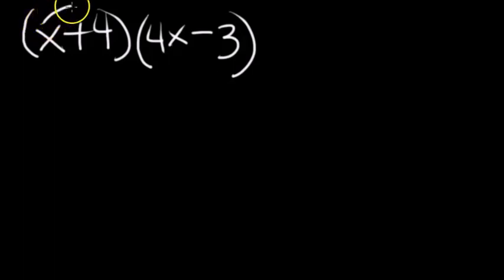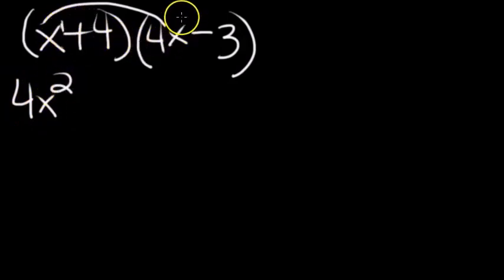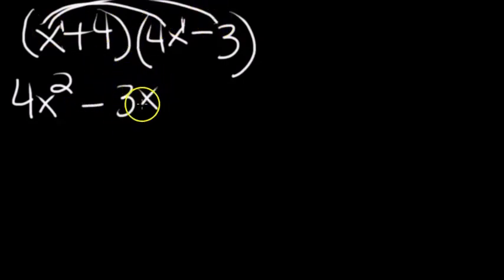So let's begin by multiplying x times 4x, which gives you 4x squared. 1 plus 1 is 2, which is how we get the x squared.